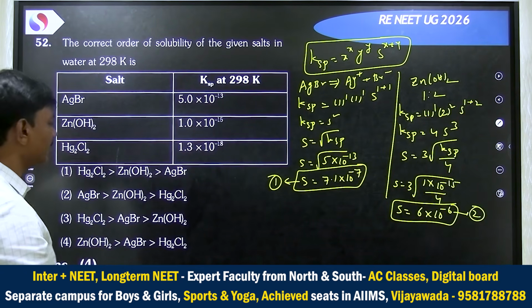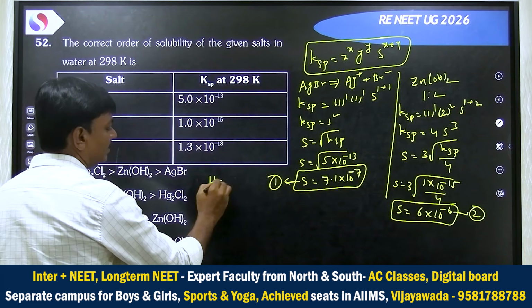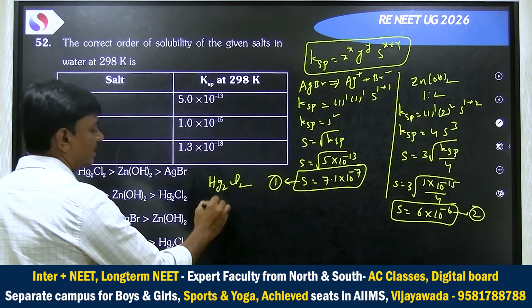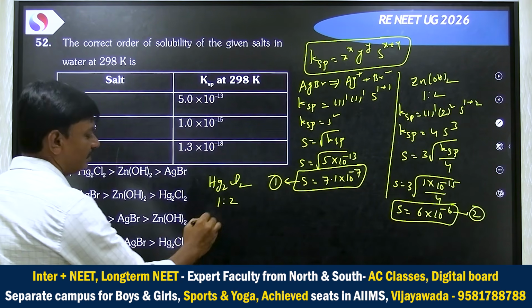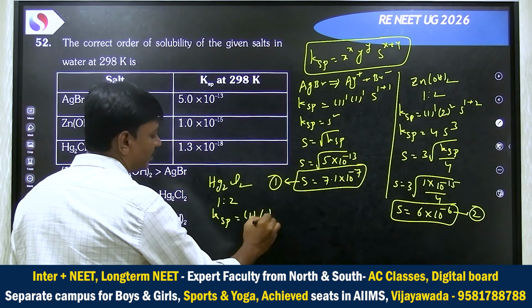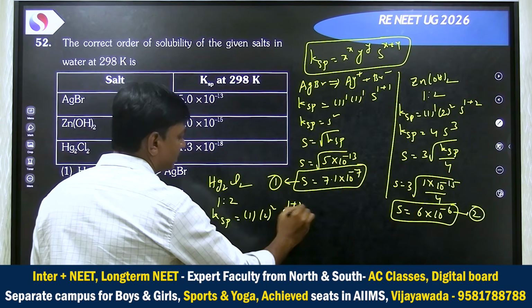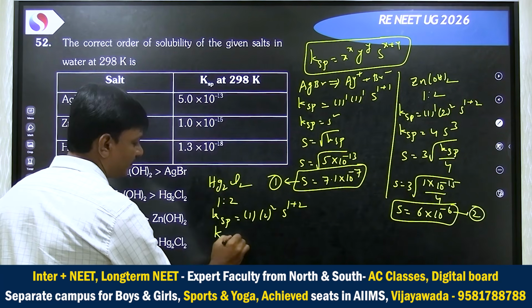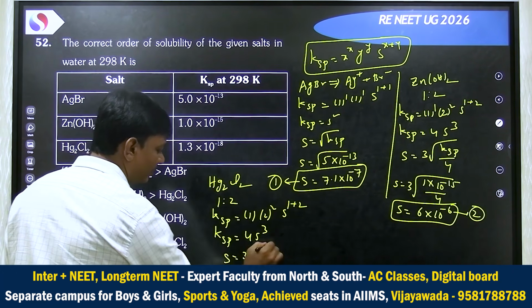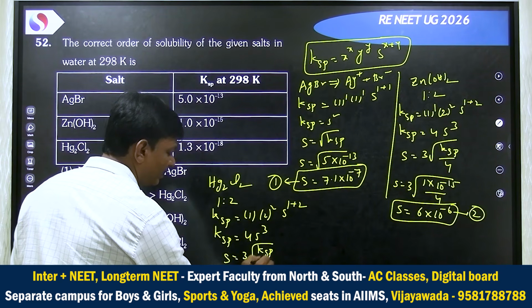And the third one is Hg2Cl2. So it is also a 1:2 ratio. Then Ksp is equal to 1 to the power 1 and 2 to the power 2, s to the power of 1 plus 2. Then Ksp is equal to 4 s cubed, then s equals the cube root of Ksp divided by 4.